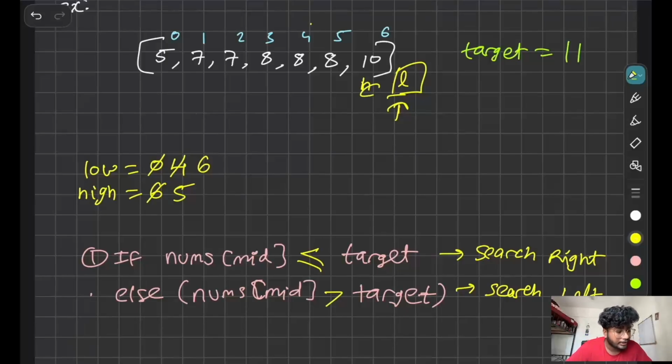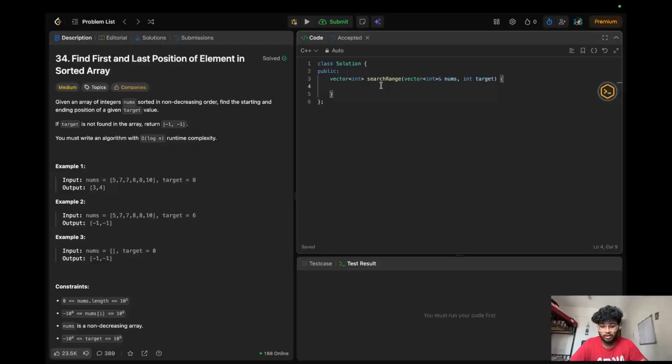Okay, let's write the code. Things would be more clear, and I would discuss two approaches of writing this code. So let's get into it. As I said, we would have to use two binary searches, right? So let's try to find the first occurrence.